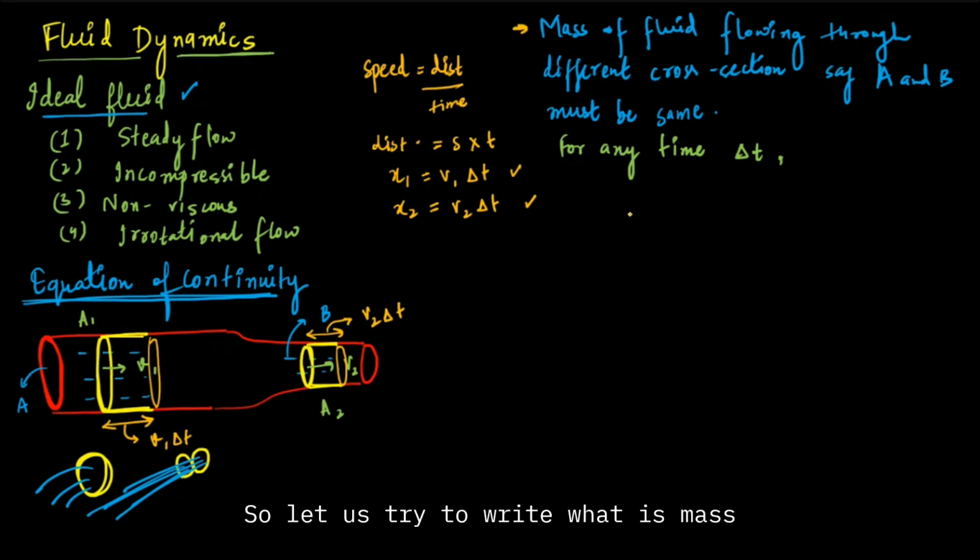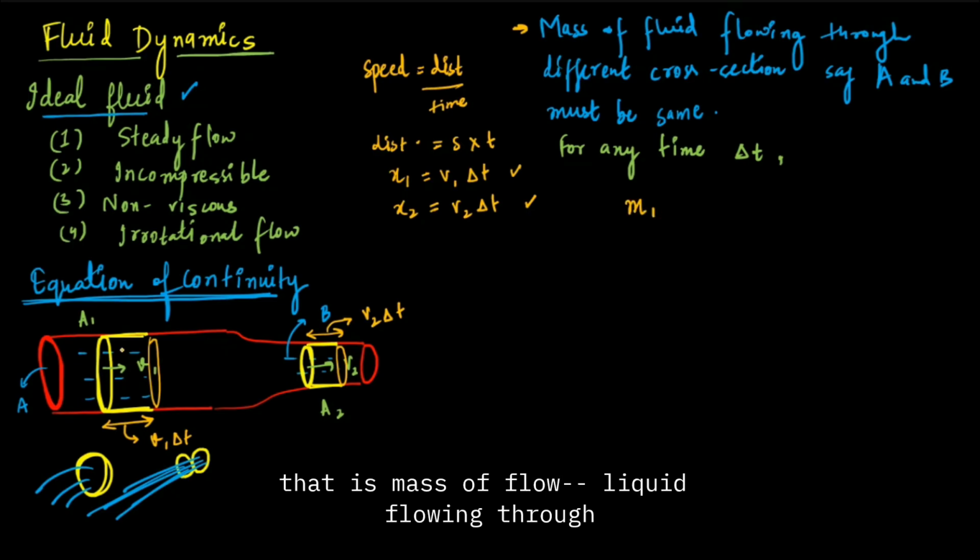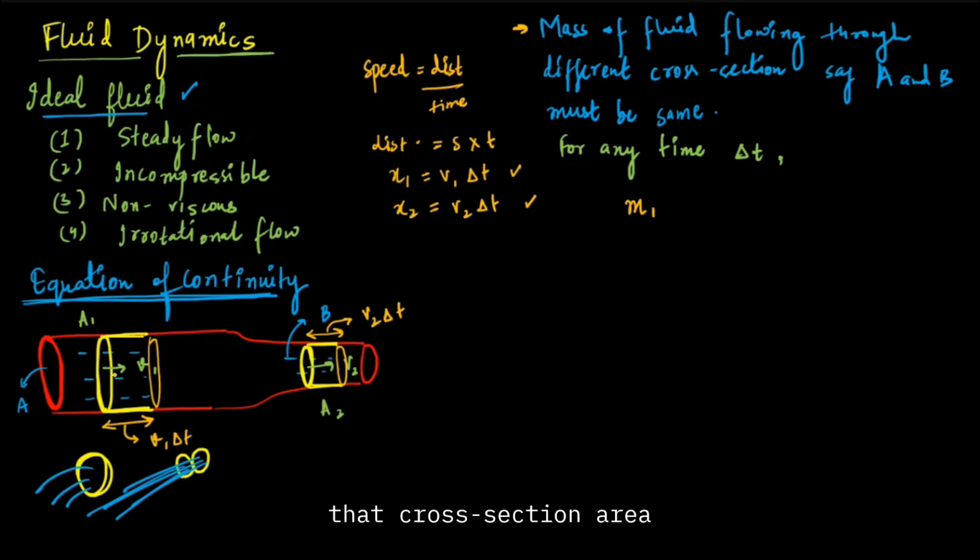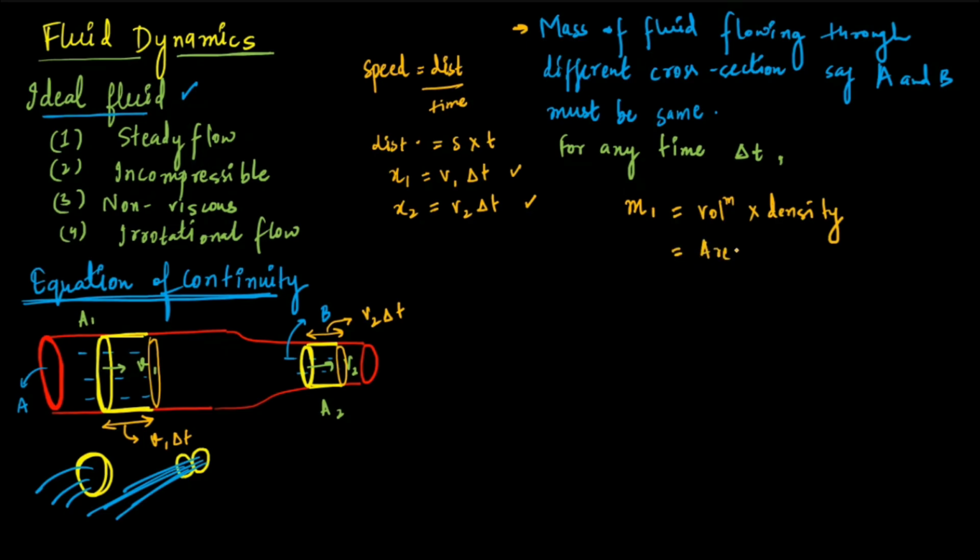So let us try to write what is mass. M1, that is the mass of liquid flowing through that cross section area, the point A. So M1 can be written as what? What we know, mass is nothing but volume times density, right? In place of volume, we can write area times length, and density remains the same.